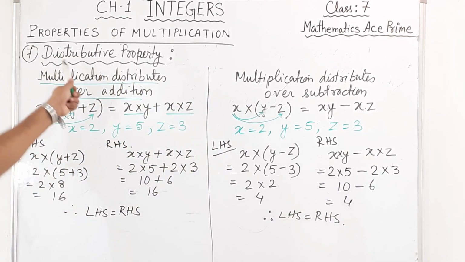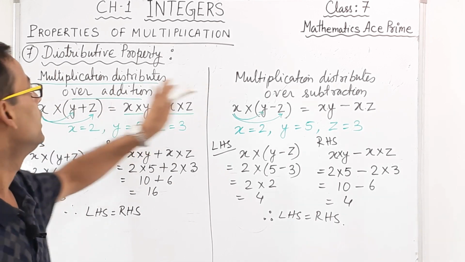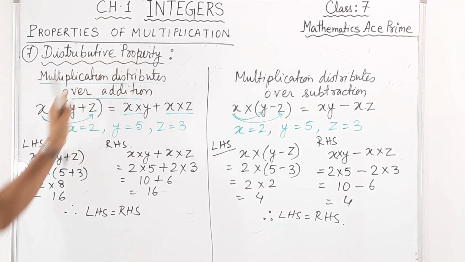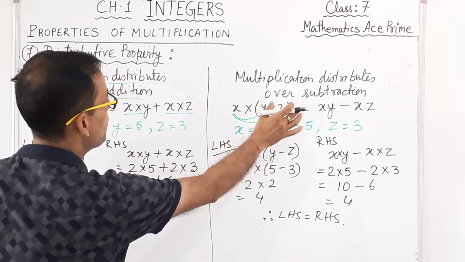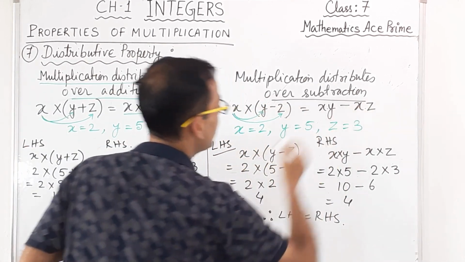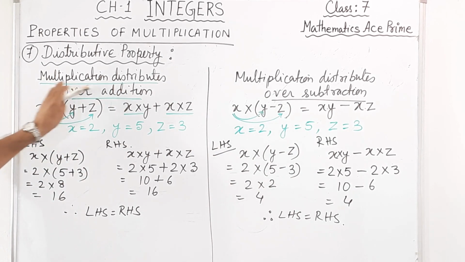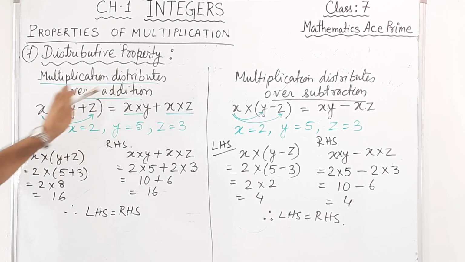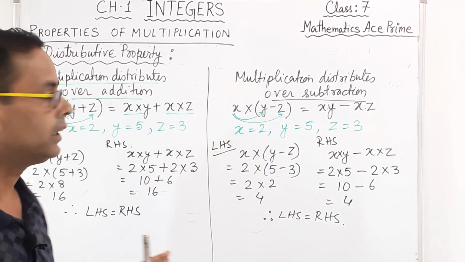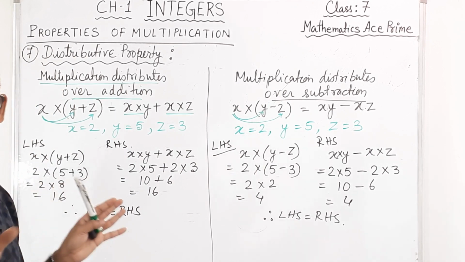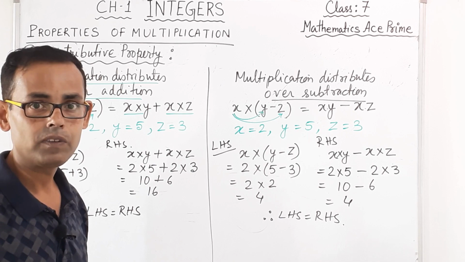So the distributive property is applicable over addition as well as over subtraction. That's why I wrote here multiplication distributes over addition, multiplication distributes over subtraction. So I think all the 7 properties you have understood nicely.